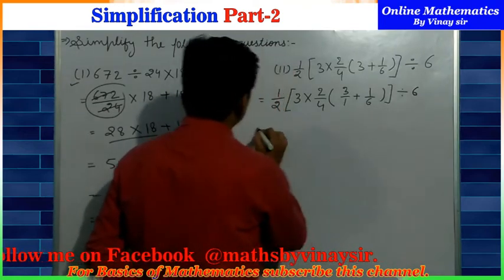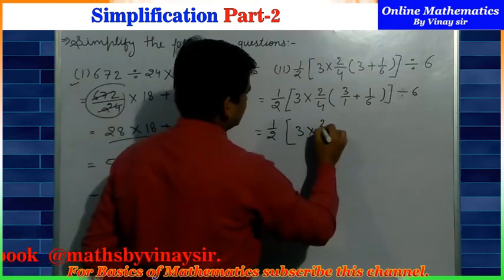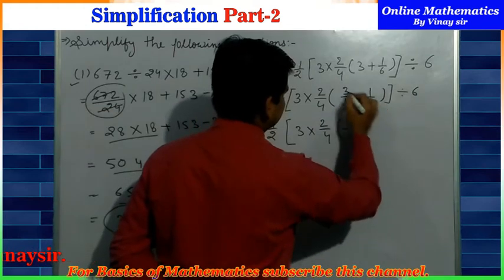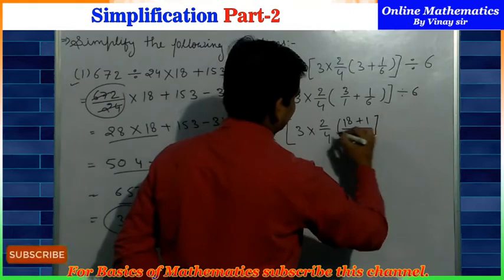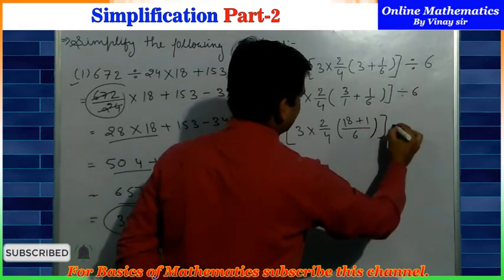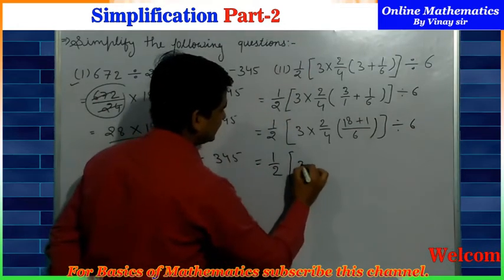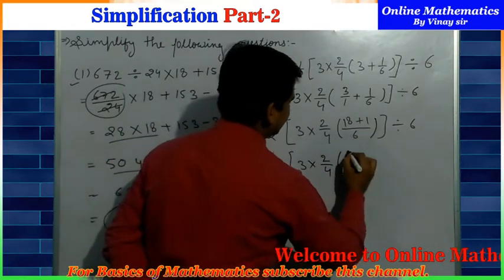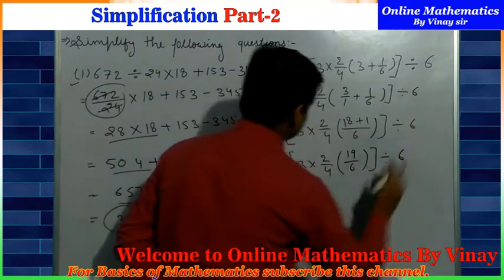When we add these two numbers we get 6 threes are 18 plus 1 upon 6, that is 19 upon 6, and divided by 6.